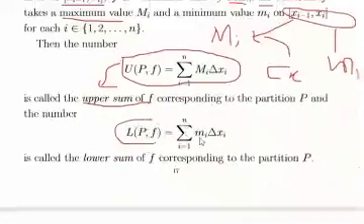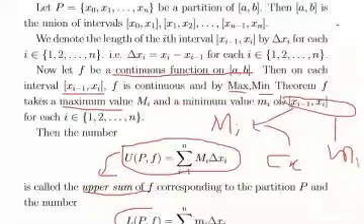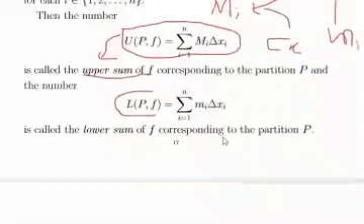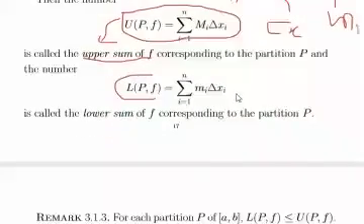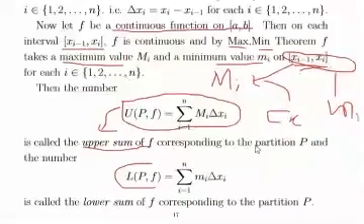Here m sub i is the minimum of f on this sub-interval, times the width of that sub-interval, which is denoted by delta x i. If you add these up, you get the lower sum.